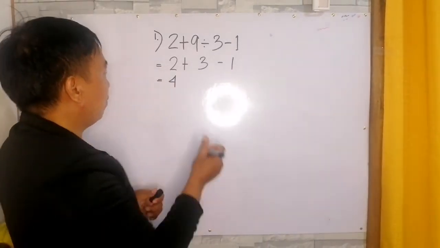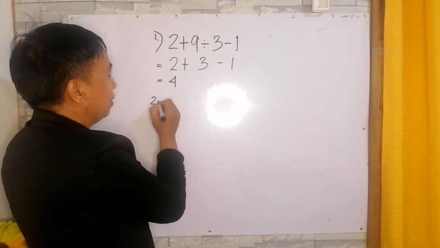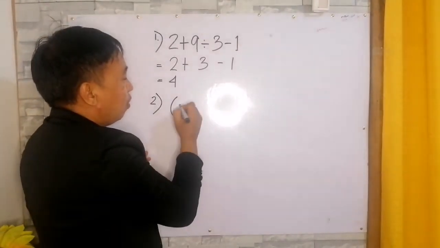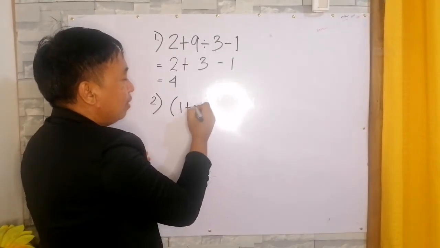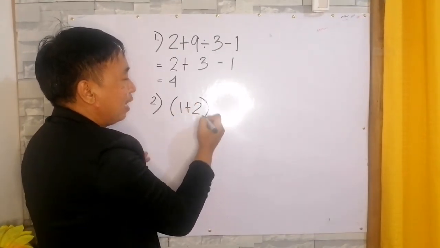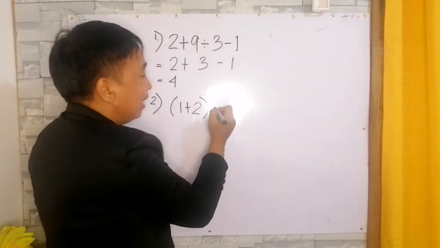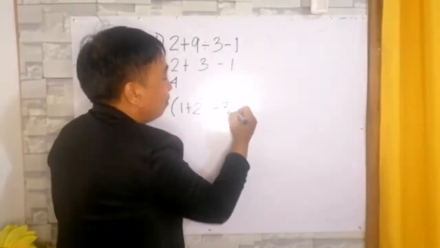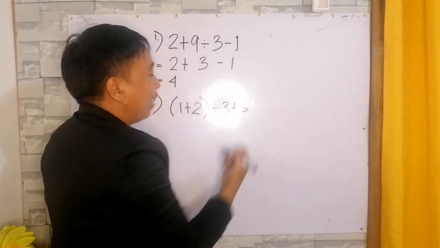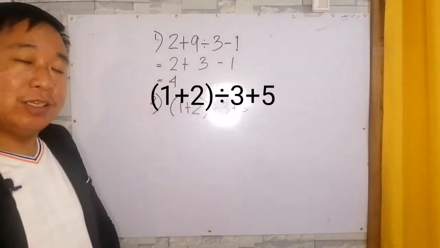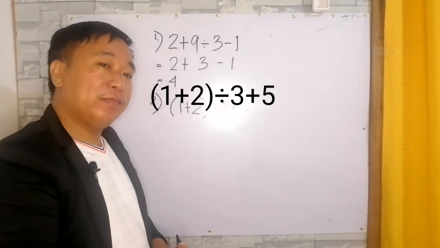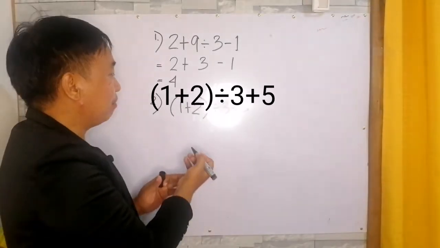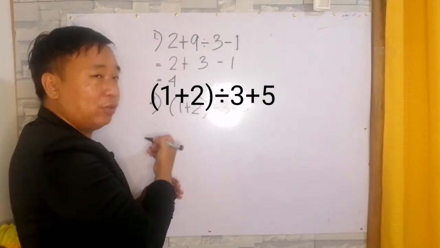So number 2, example. What about this one? 1 plus 2 enclosed with parentheses, divided by 3, plus 5. We have here parentheses, so you are going to solve first inside the parentheses, which is 1 plus 2.